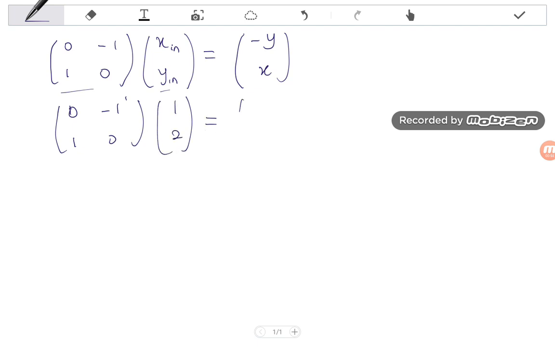Okay, so if we multiply, this is going to give us minus 2 and 1. Okay, so if we sketch these, this being our x-axis, this being our y-axis, then for our original vector we had 1 here, 2 there.